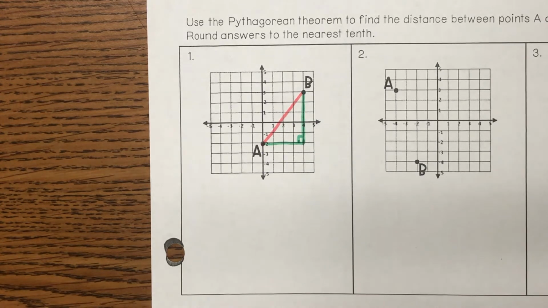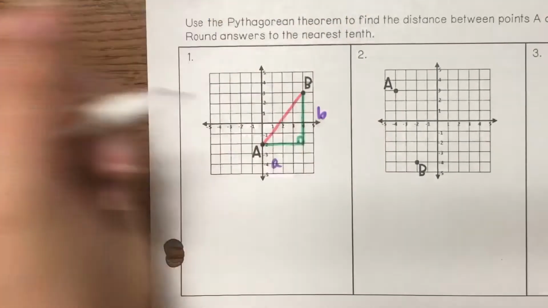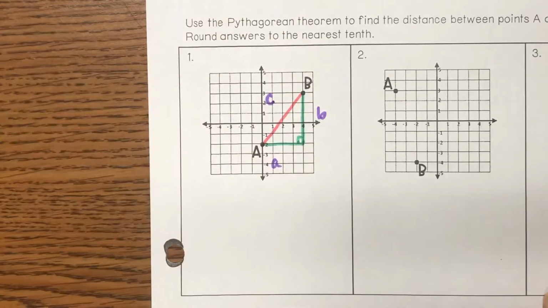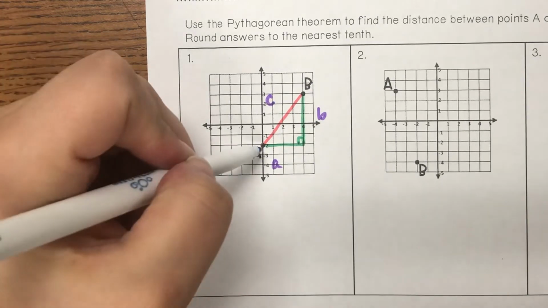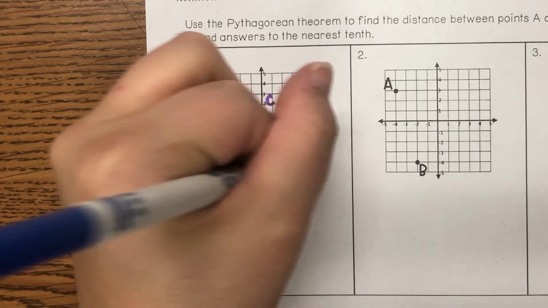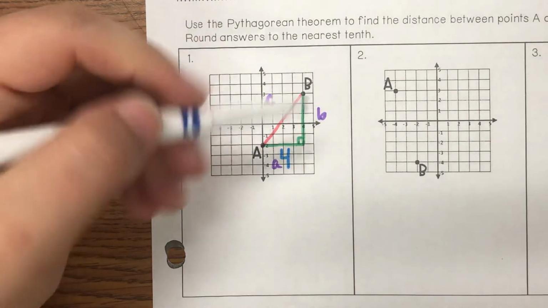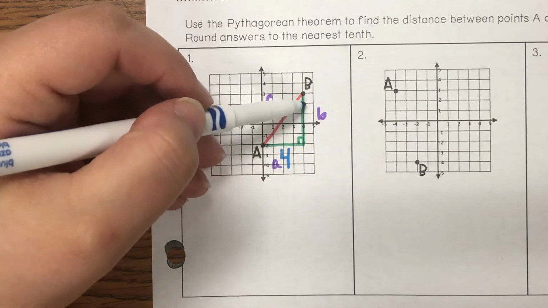So now that I've created this right triangle, I know that I have 2 legs, so I'm going to call them A and B, and I have my hypotenuse C. So now I go through and count the distance for each leg. So this right here is 1, 2, 3, 4. The distance for my side B is 1, 2, 3, 4, 5.